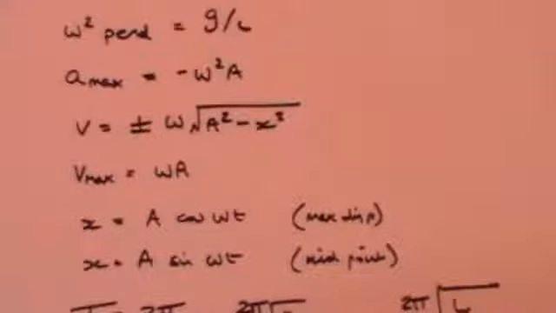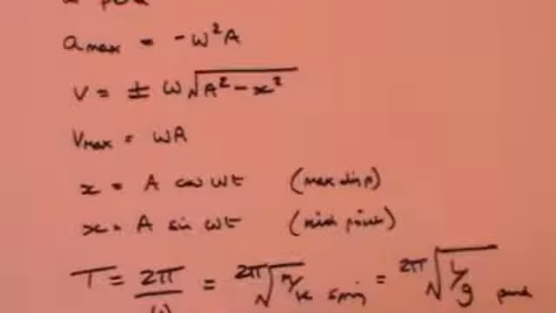The velocity at any point is equal to plus or minus omega times the square root of a squared, the amplitude, minus x squared, the displacement, squared. The maximum velocity, which of course will be as the mass on the spring or as the bob of the pendulum passes the midpoint, is omega a.